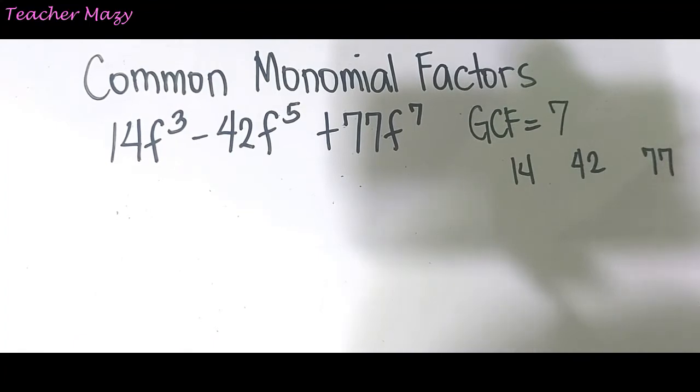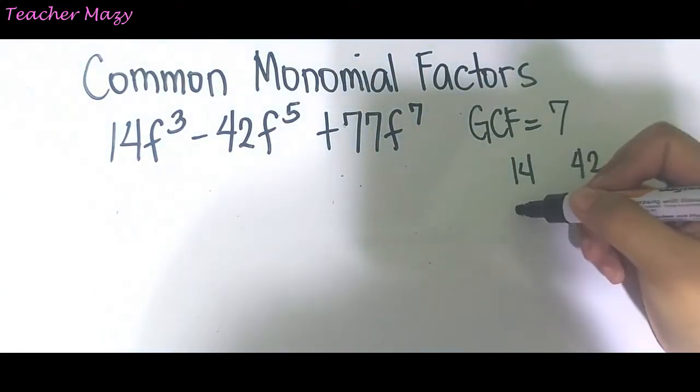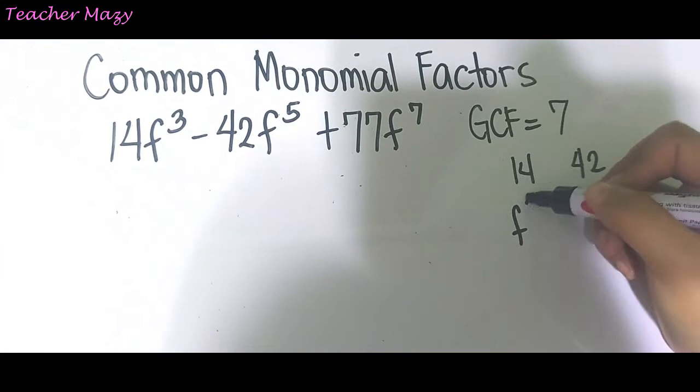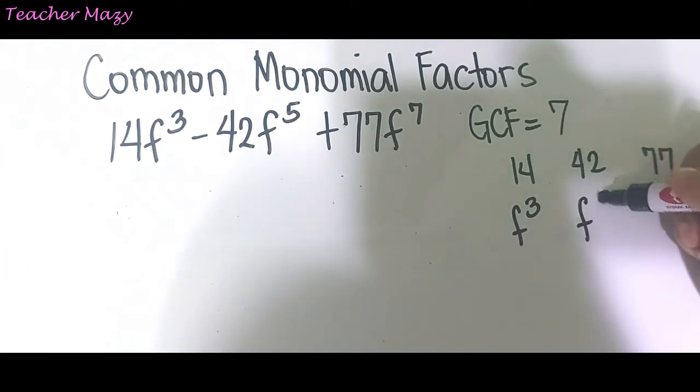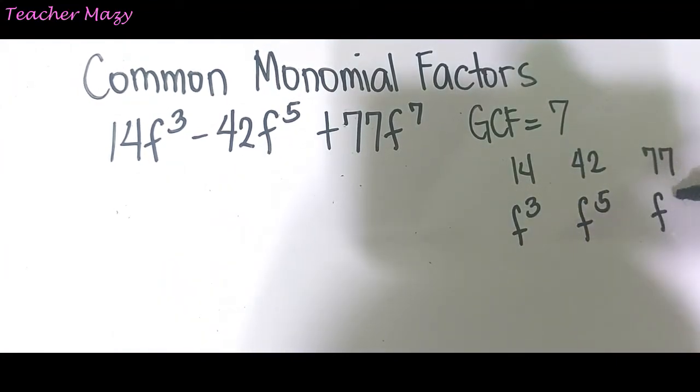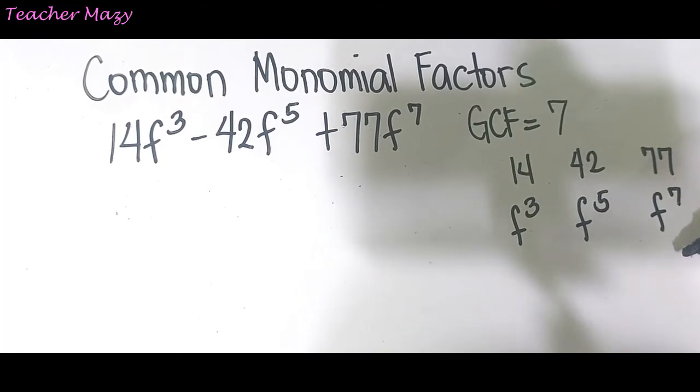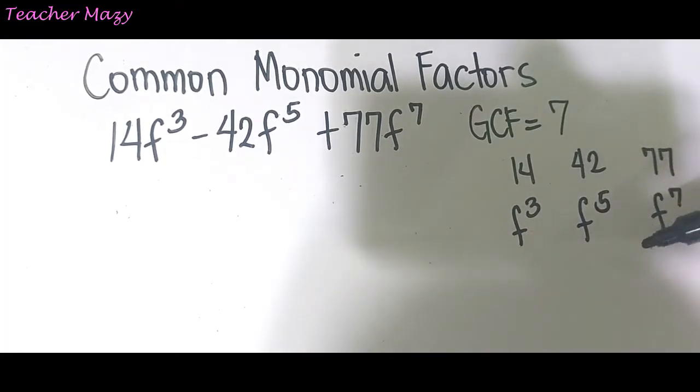Next, let's focus on the variable. We have f cubed, f raised to 5, and f raised to 7. As you can see, these three terms have the same variable, so we can get the greatest common factor for this. How do we know which one is the greatest common factor?